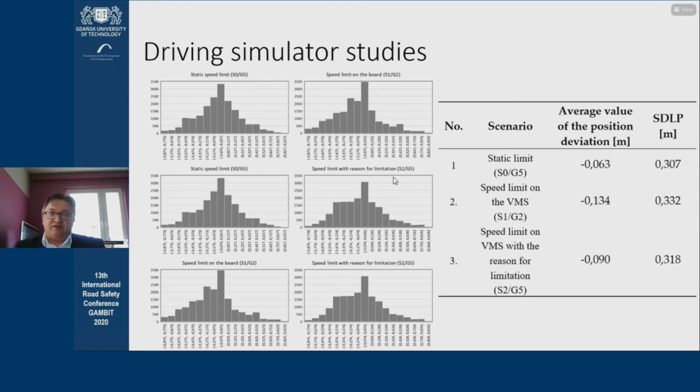The content of variable message signs didn't really contribute much to the standard deviation of lateral deviation when it comes to vehicle position, but we were able to see an interesting relation, and it's something that everyone has a sense of intuitively. There is a positive effect when the speed limit sign was accompanied by an explanation of why the speed limit was introduced.